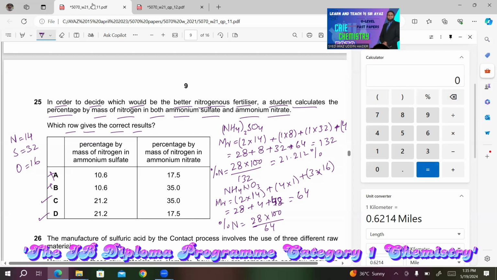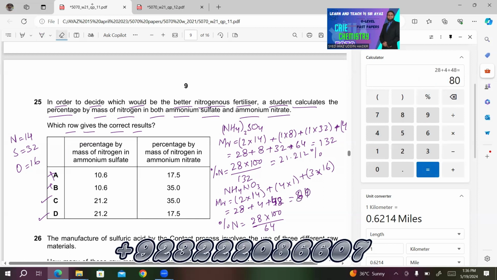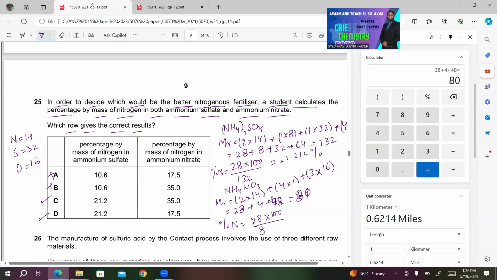It's 48. So you'll add 28 plus 4 plus 48, which is 80. 2800 divided by 80 is 35. So C must be the right answer in this case.